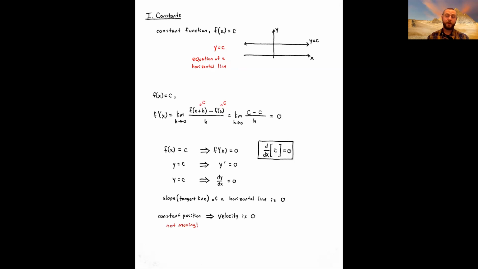All right, we can also understand this in terms of the slope of a tangent line. Earlier, we briefly recalled that the slope of a horizontal line is 0. Now, to make the connection, recall derivatives can be interpreted as slopes of the tangent line. Well, just take a look at the graph up there. Doesn't matter what point you pick on the graph of that constant function, every point on that graph has a horizontal tangent line.